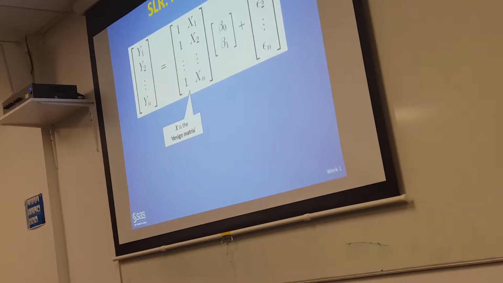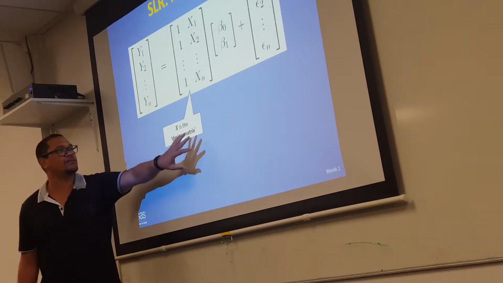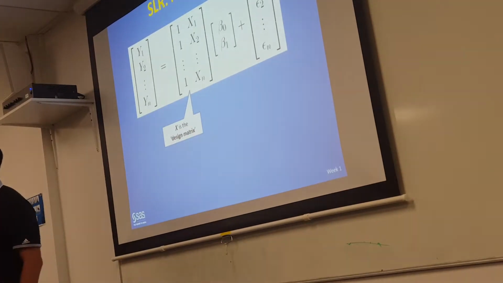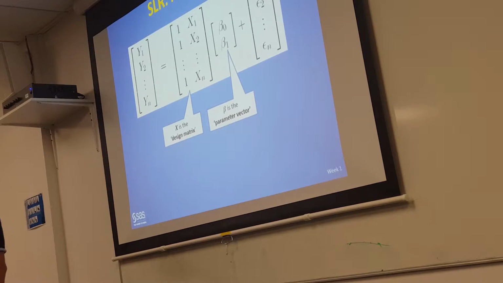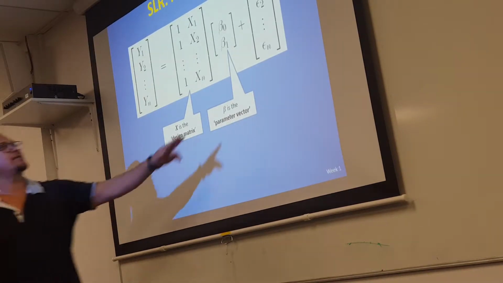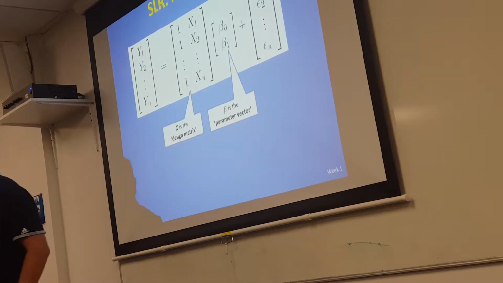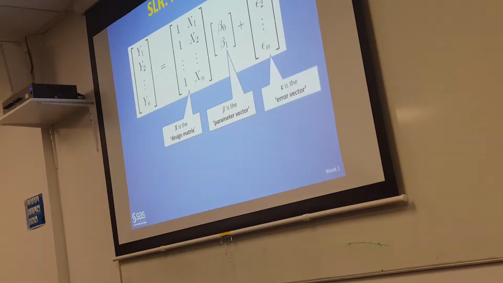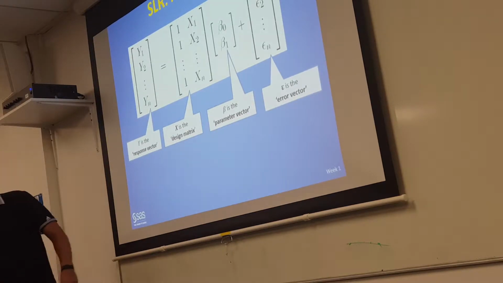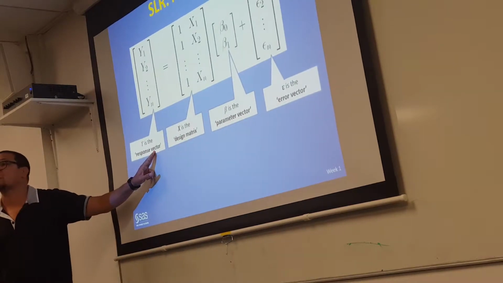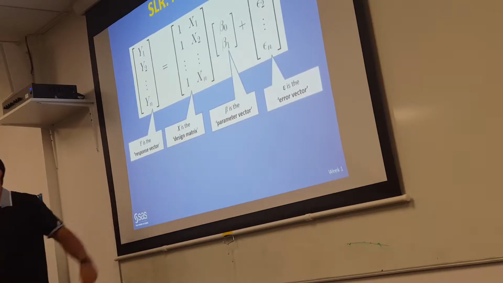So this x is commonly known as the design matrix. Beta, I should say, is the parameter vector, the vector that contains all your estimates of your parameters. We've got our error vector, and we have our response vector. And because this is a univariate technique, it is just a vector. It's not a matrix at this point in time.